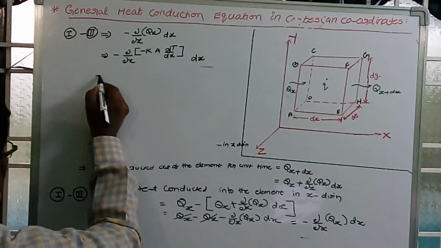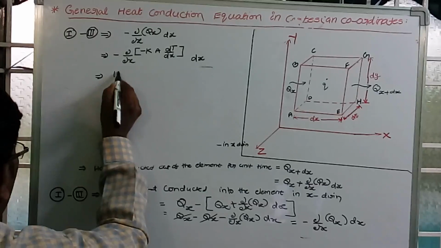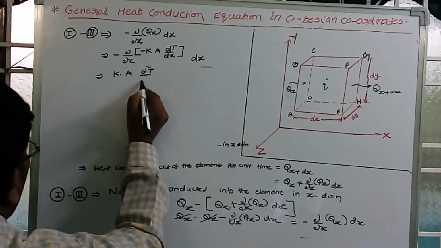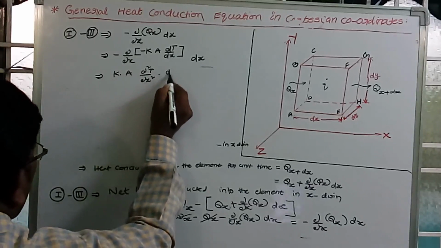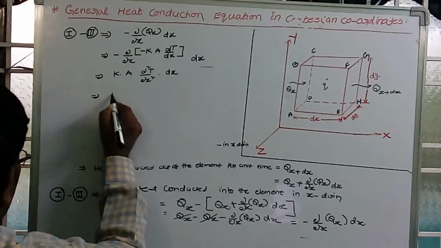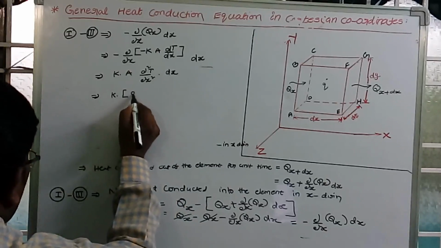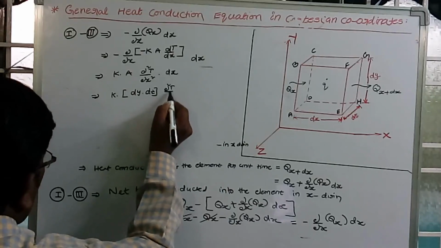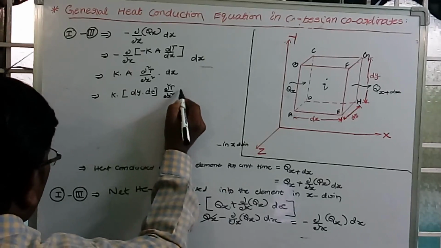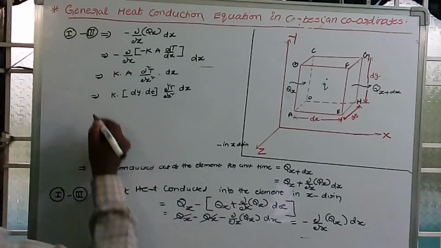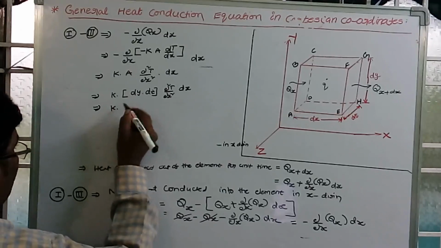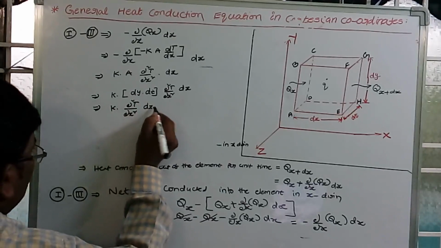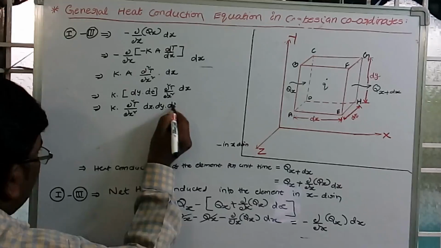So minus into minus plus k into A into dou square T by dou x square into dx. What is A? A is equal to dy into dz. So finally k into dou square T by dou x square into dx into dy into dz.